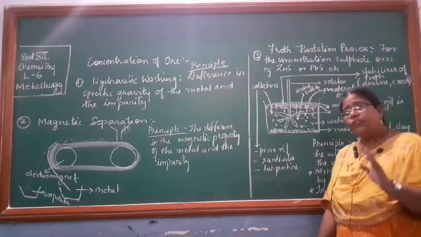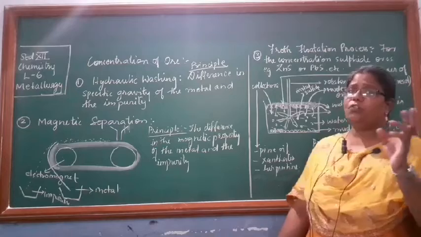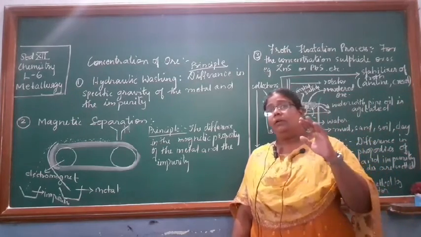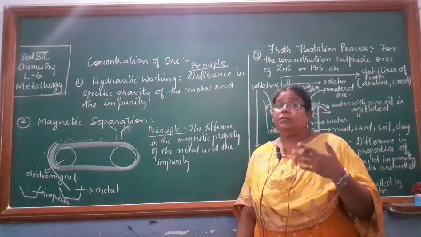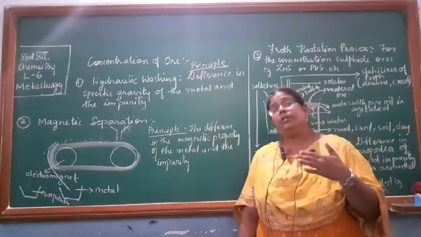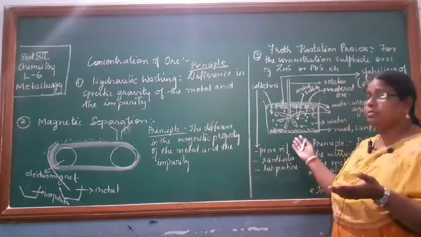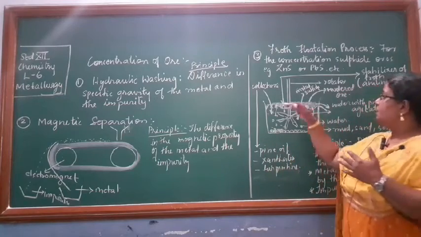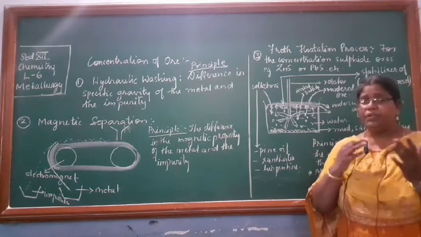Also, if your ore consists of sulphides of two different metals, and you require only one of the metals, then how would you get one of them? Because if you are carrying out this process, then the whole of the sulphide particles will get stuck to the froth, but we do not want that.